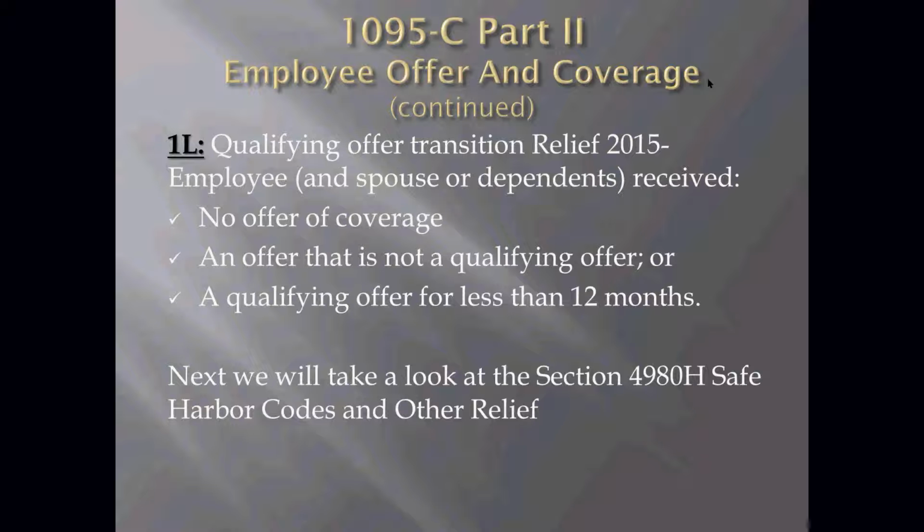I don't know of any of our groups that are going to have to use this code. Unless there's been an employee who's been working full-time and you just forgot to offer them coverage. If you forgot to offer them coverage, you would use code 1L. But for the most part, everyone is going to use one of the other codes.